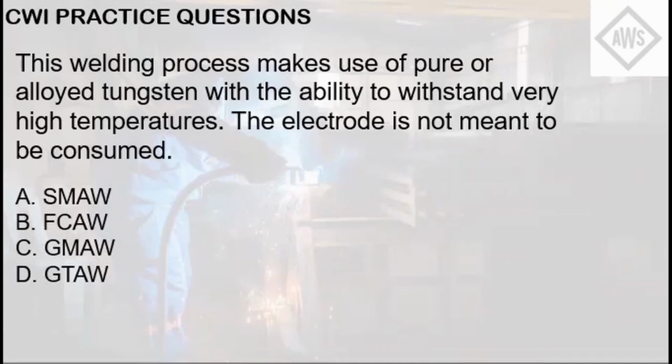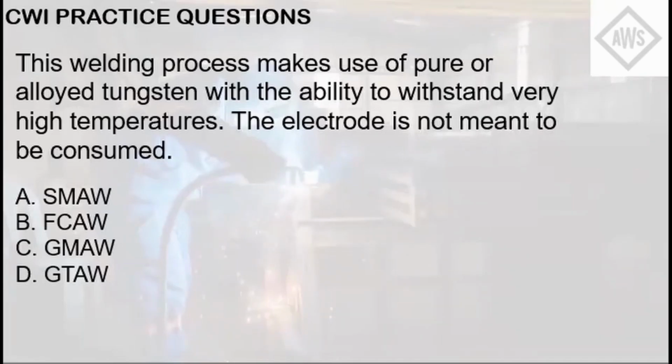Letter A, SMAW, is known as stick welding, so it uses a consumable electrode. That does not match what is being asked in the question. FCAW is made up of a tubular electrode, so there's no tungsten in there. GMAW consists of meters and meters of wire that is being fed to the gun, and it doesn't have tungsten in it.